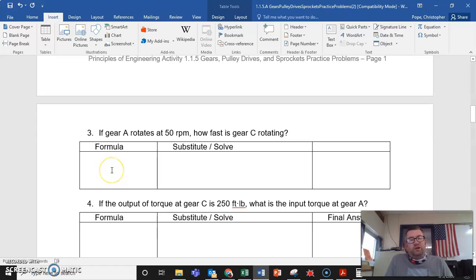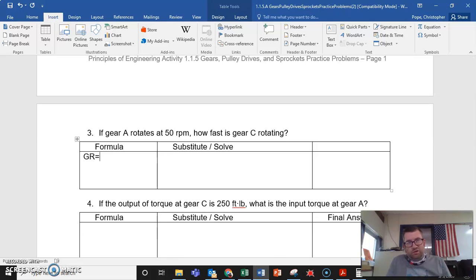Now, if gear A rotates at 50 RPM, how fast is gear C rotating? Here we're dealing with angular velocity, which is RPM. So again, we put in our formula for gear ratio. We already know what the gear ratio is.